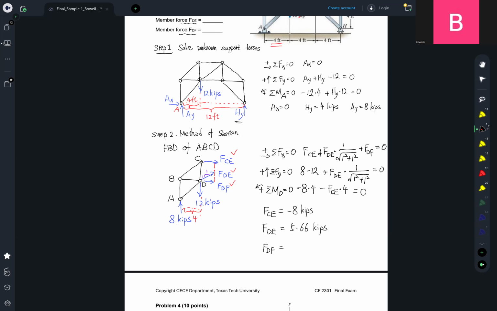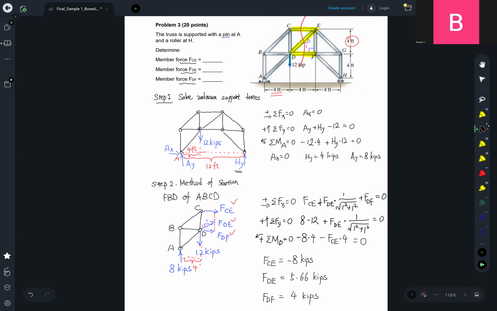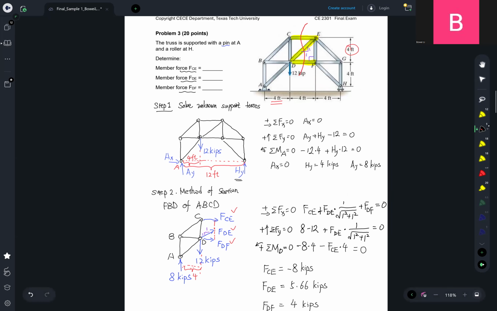So this is the answer of the third problem here for truss structure analysis.